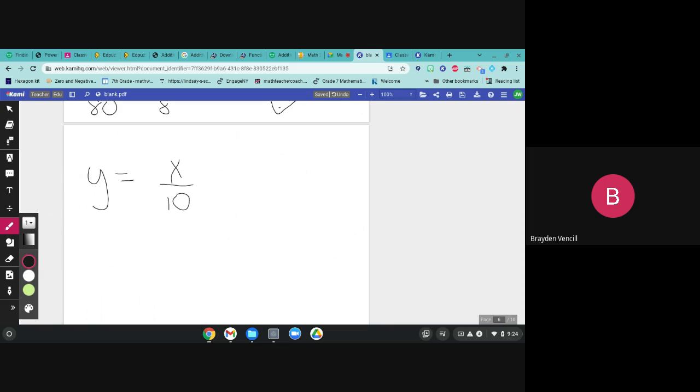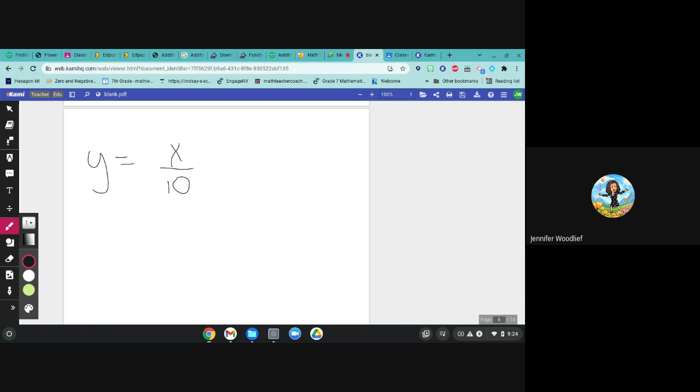Put x over 1 and 10 over 1 and multiply. Okay, we're going backwards right now. That was good. So what's my coefficient in front of x? 1, right? So what I want to do is pull this coefficient away from x. So I want to put y equals 1 over 10 times x. Everybody see what I did there?